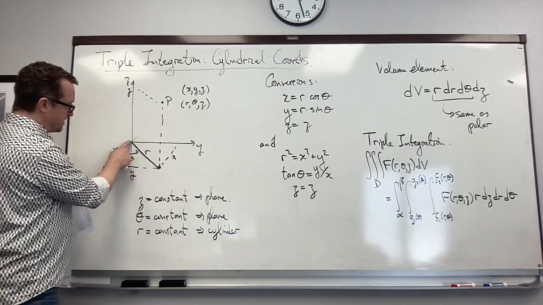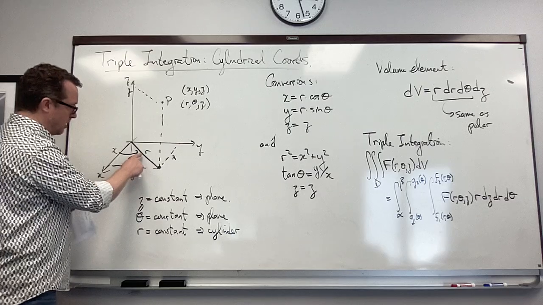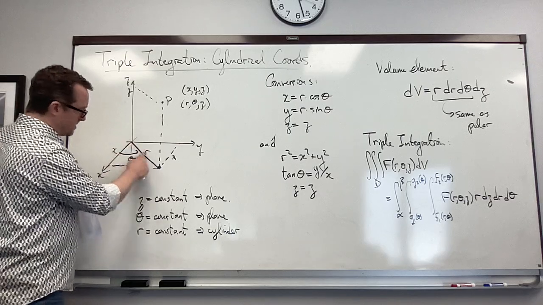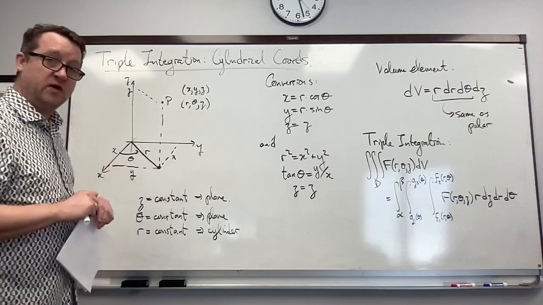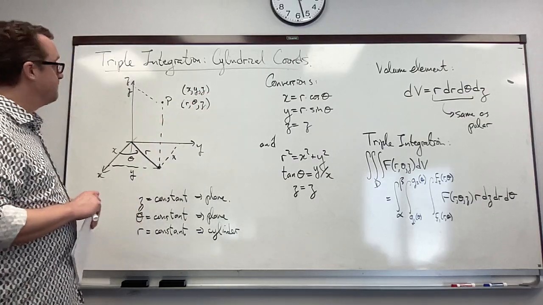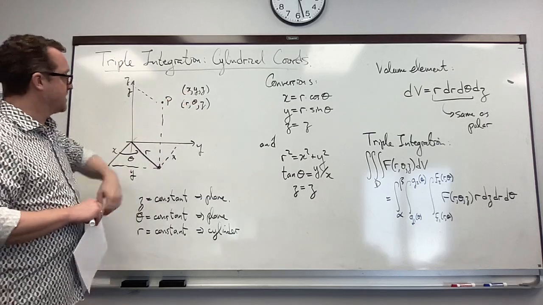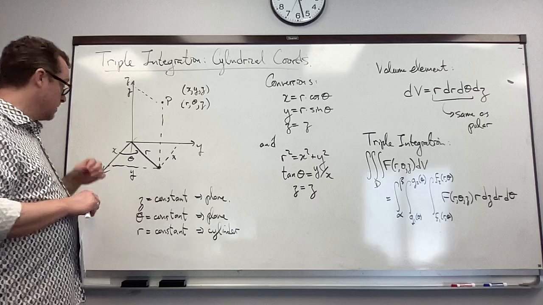So if r is the distance from the origin to this point, theta is the angle from the x-axis to r. So we have an angle, we have a distance r out, and then we have a height z now. And z is the same definition as it was in Cartesian. So z Cartesian, z cylindrical are the same. And then there's a relationship between x and y and r and theta, which is the same relationship we had for polar coordinates.